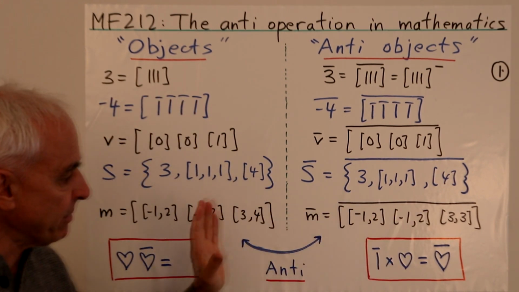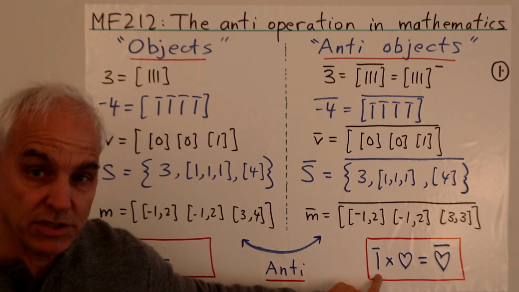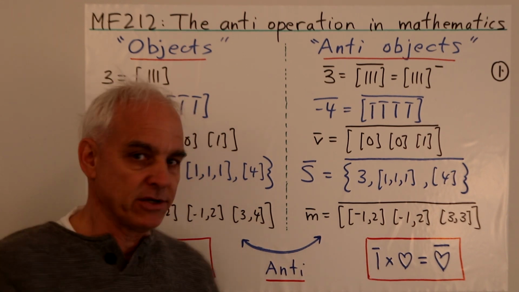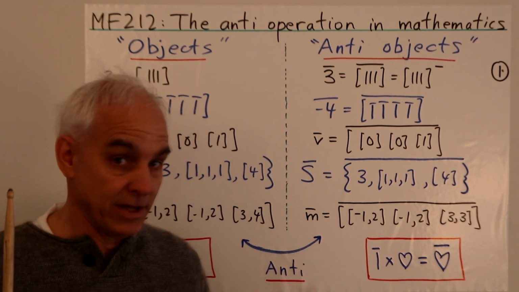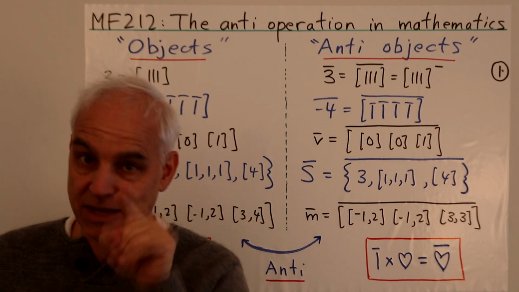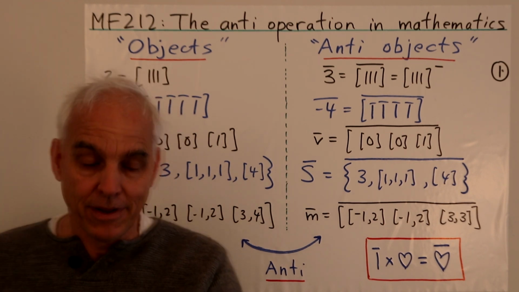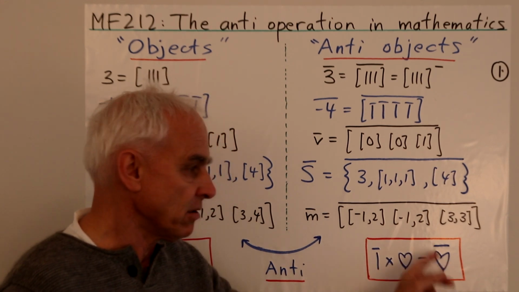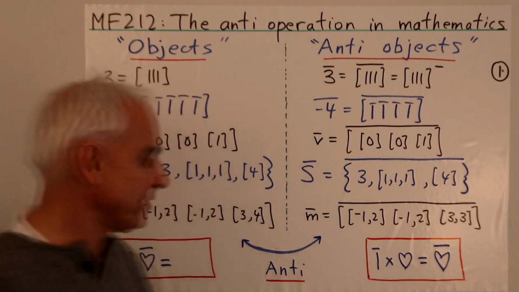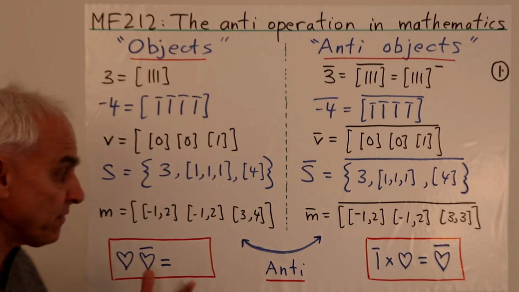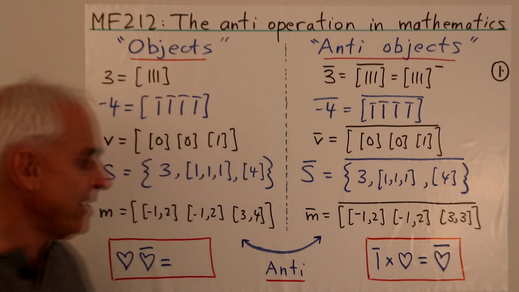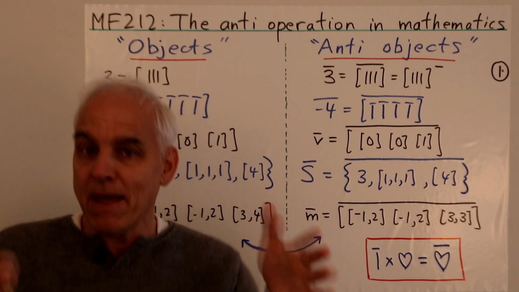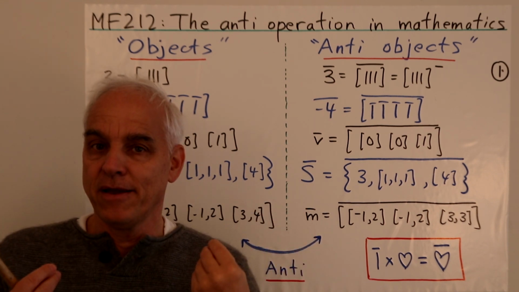So we have this fundamental symmetry, which is really officially introduced by this little equation, that anti-mark times some object heart, whatever that might be, as long as it's an actual specific object that we've already nailed down, then this product is going to be what we call heart bar, or the anti-heart. And the crucial defining property of this anti-object is that if it and the original object reside in an mset together, then they cancel.